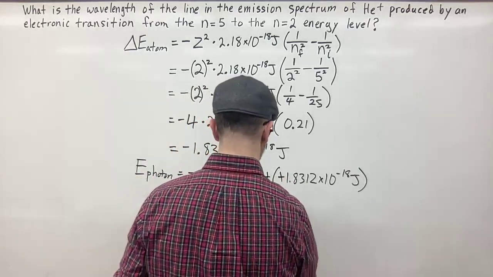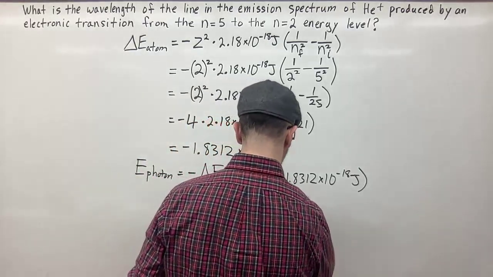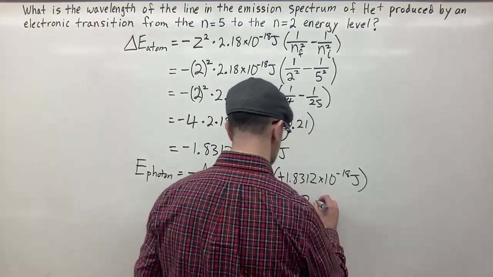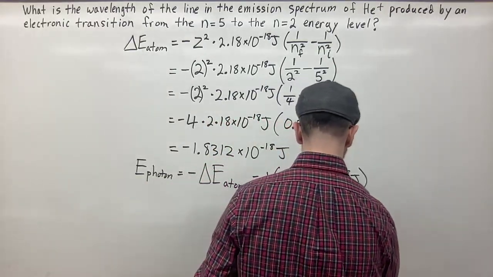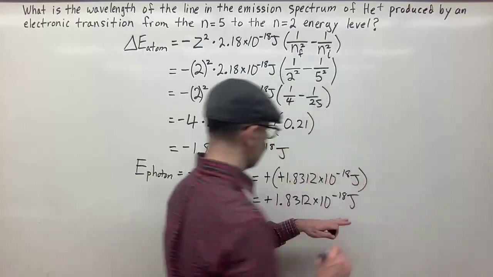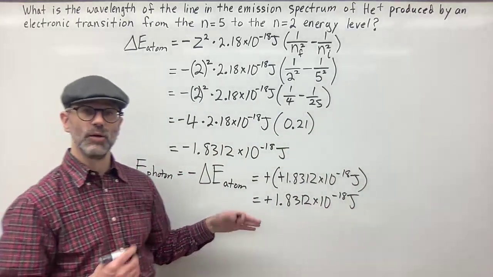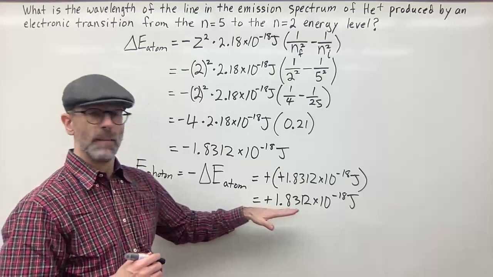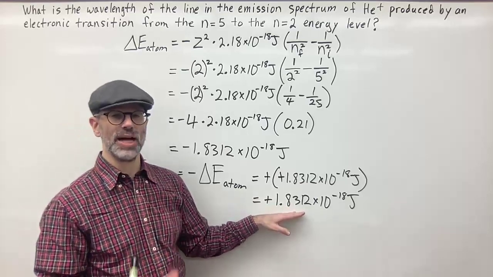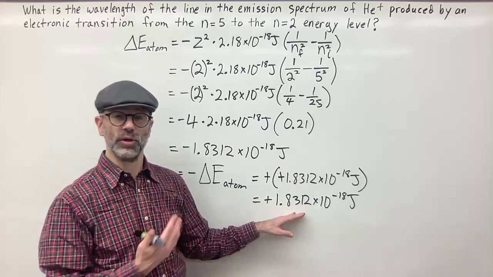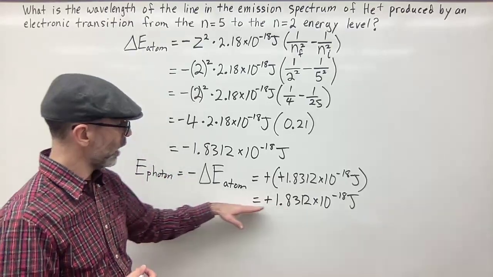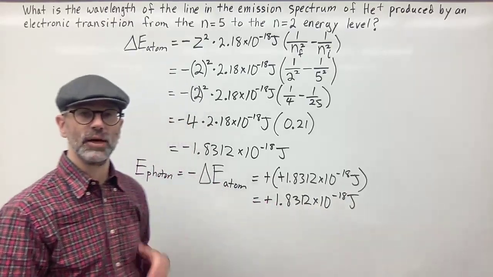So we get a positive 1.8312 times 10 to the negative 18 joules for the energy of that photon that was released. This makes sense because photons are not going to have a negative energy. They're only going to have positive energy. So that's the energy of the photon that was released.